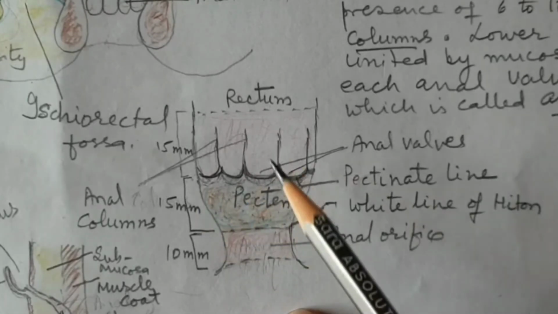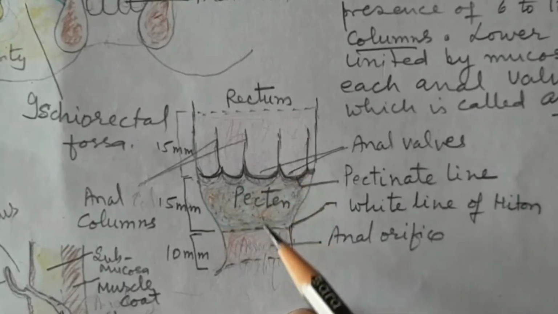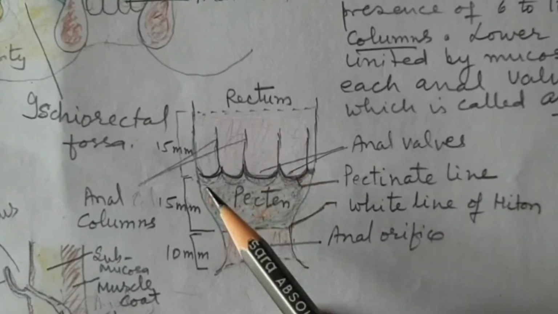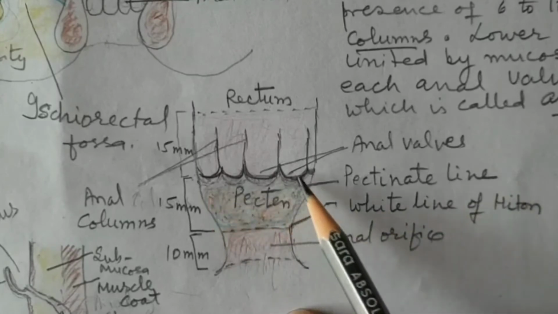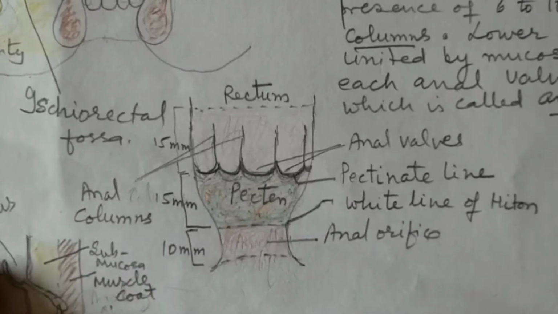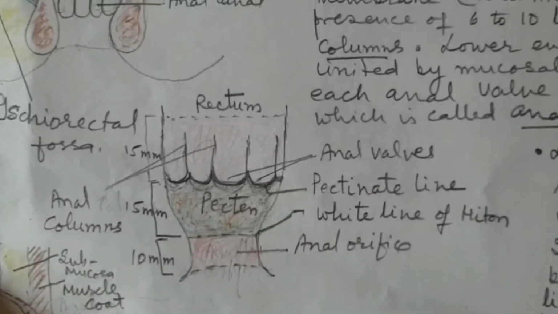Thus they have different nerve supply, different blood and venous supply, and lymphatic drainage. That's why the pectinate line is sometimes called the watershed line, which functionally divides the two different parts of the anal canal. That's why we use only two parts instead of three regions.